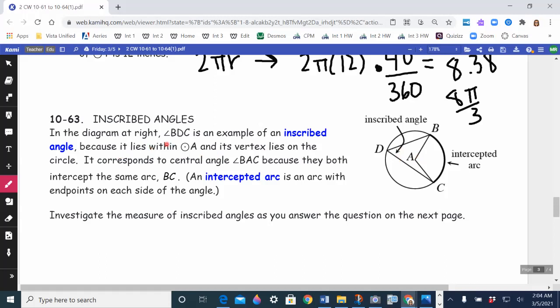So angle BDC is an example of an inscribed angle because it lies within circle A and its vertex lies on the circle. It corresponds to central angle BAC because they both intercept the same arc BC. Let me get a different color.